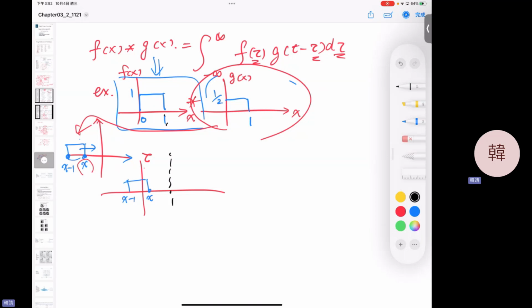When your x is between 0 and 1, they will have some overlap with the original signal here. It's moving. If x is still less than 0, there is no overlap, so it will be 0. So when x is smaller than 0, the result is 0.